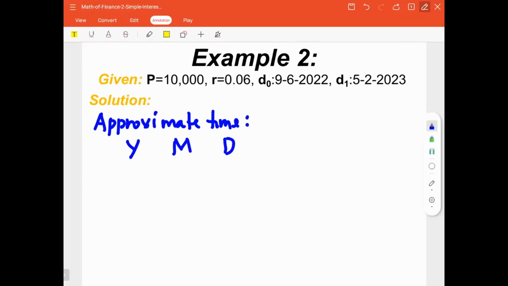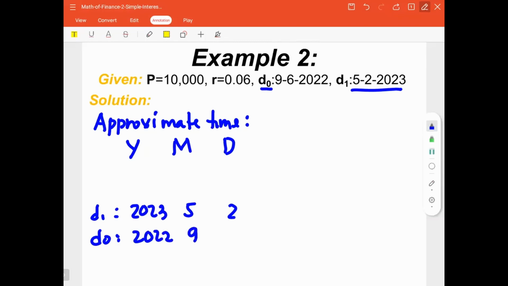Starting with the maturity date, then later on the date of the loan or the original date. Now D1 will be what? From here, we start with the year 2023. May 2, so that's 5, then 2. Then D0 is starting with the year 2022, and the month is 9, and the day is 6.